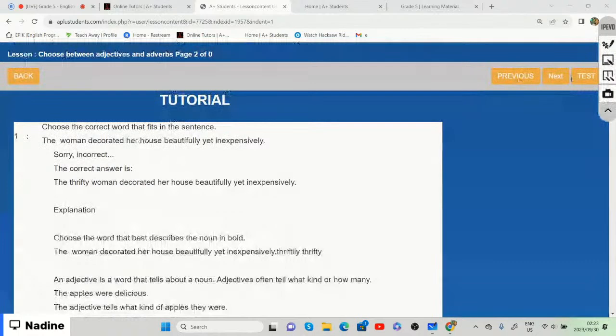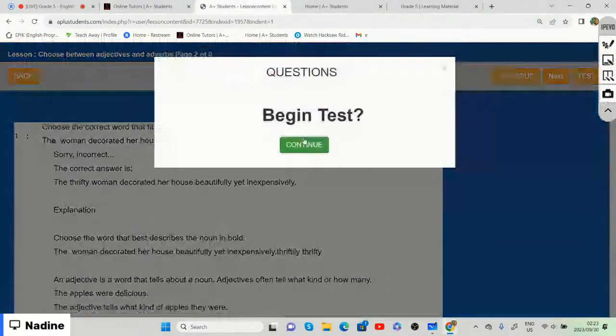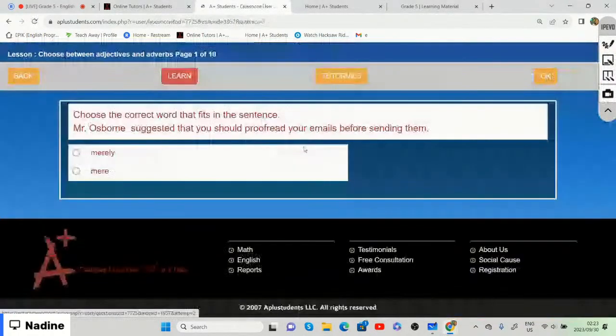All right, so now we're going to the test. We need to choose the word that fits in this. Mr. Osborne suggested that you should proofread your emails before sending them.